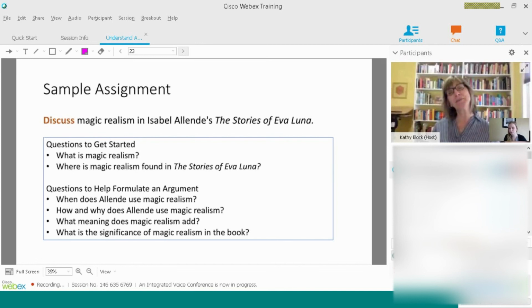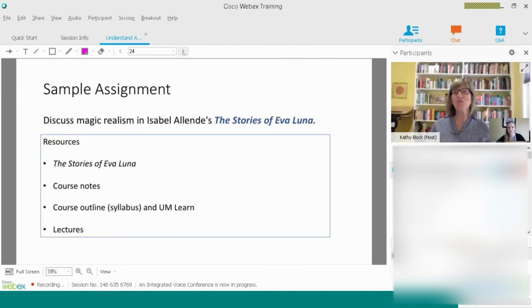What's the significance of magic realism overall? So I'd step back from those examples after pulling them out, and I'd start thinking about these things that I won't necessarily find direct answers for in the book. But these questions will help me move from specific examples in the book to an argument about the significance of magic realism.